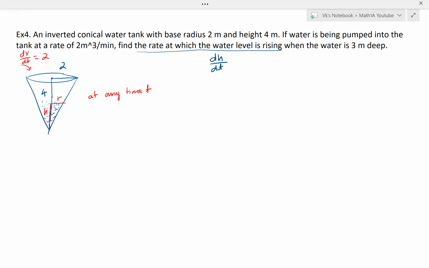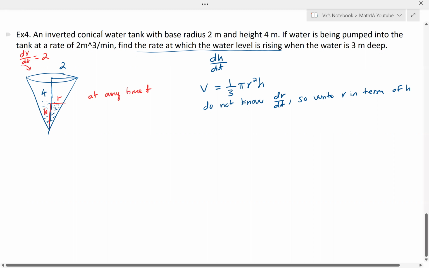Well, the volume formula of a cone: V is equal to 1 over 3 pi r squared h. We cannot take the derivative with respect to t on both sides because we do not know dr over dt. So it is best to write r in terms of h. And to do that, we're going to be using similar triangles.